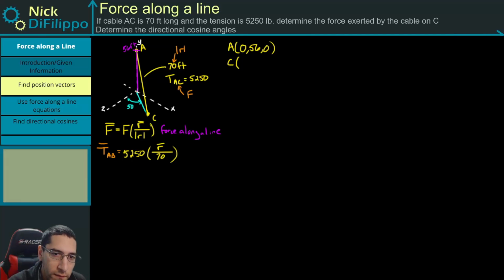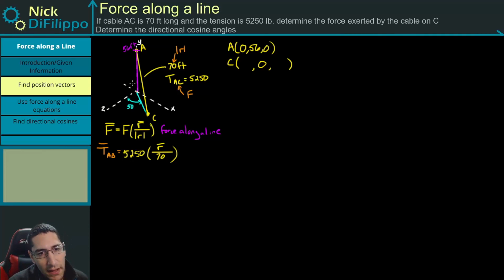And point C, well, we're going to have to do a little work to figure this out. We go over some distance in the x over here. So that's some distance. Then we go up 0 in the y, and then we go some distance in the z over here. So we'll need to figure that out. And really, the trick of this problem is figuring out how do we find those distances.